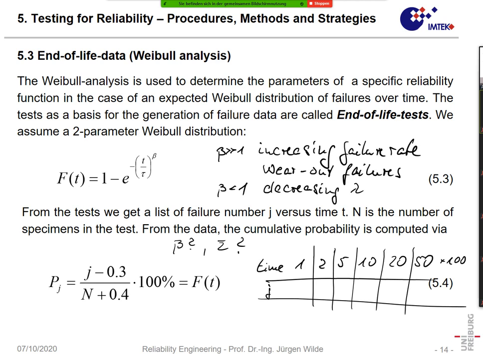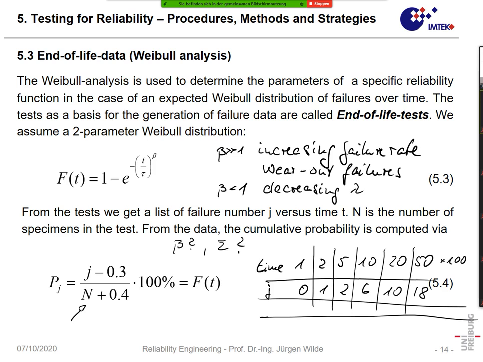So that is the total of failures. So we have, for instance, here 1, here we have 2, we have 6, we have 10, and here let's say we have 18, just to give you an idea. And what we also must know is what the n is. How many samples were in the investigation?